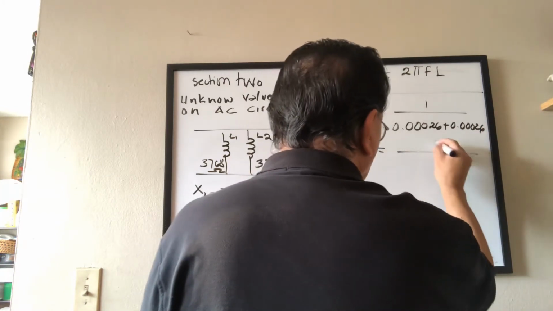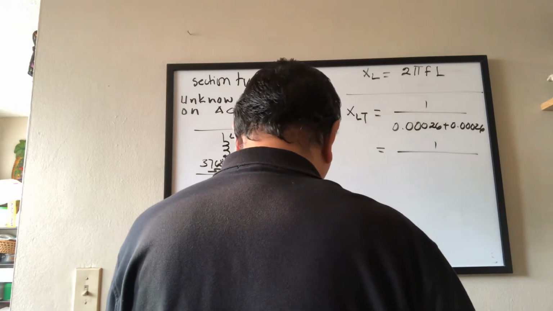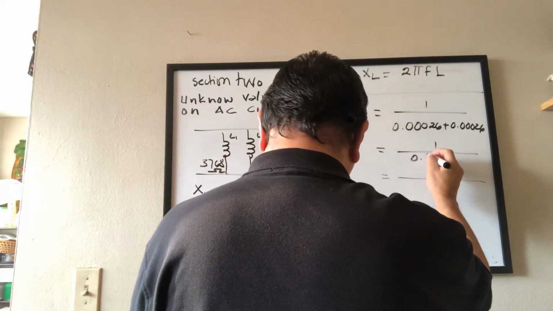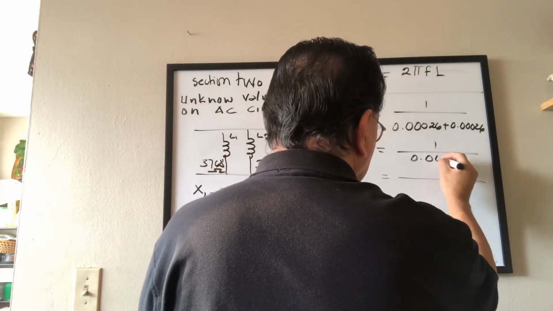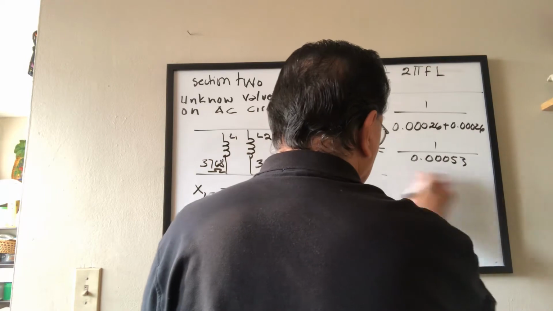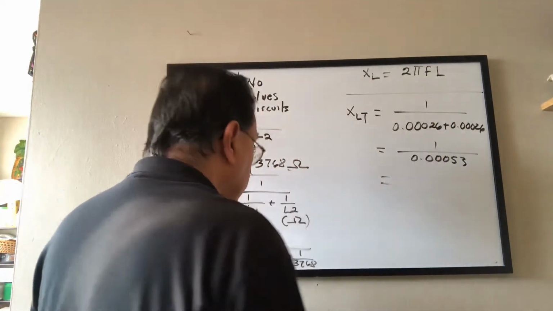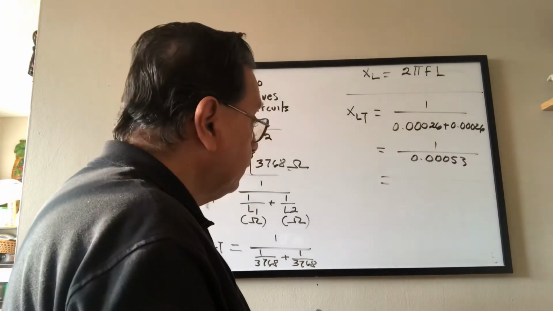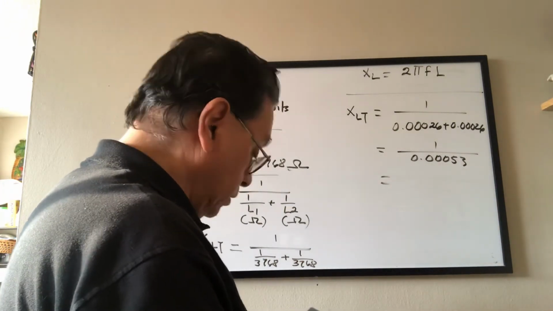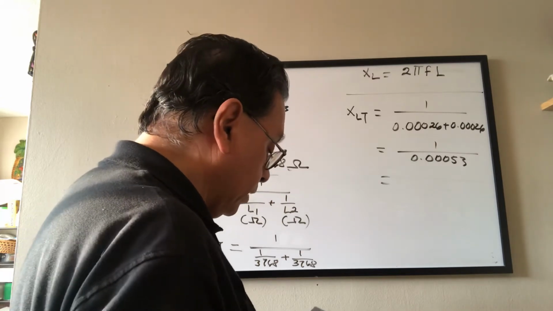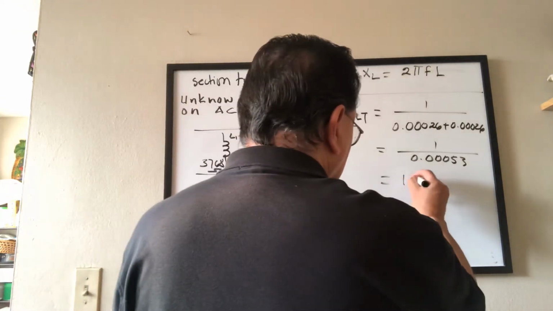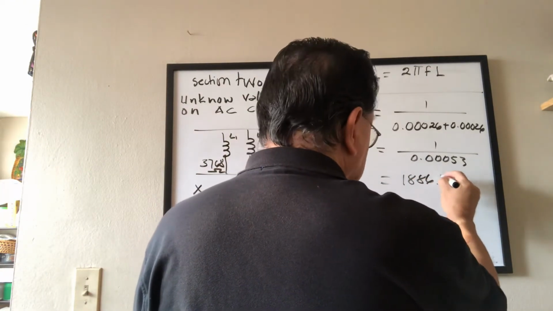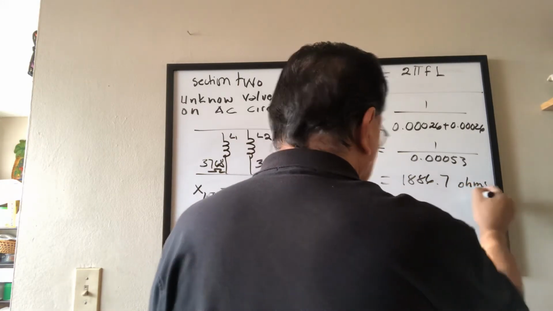This will be 1 divided by 0.00053. Keep in mind, we are calculating this in ohms. 1 divided by 0.00053 is 1,886.7 ohms. This is the total resistance.